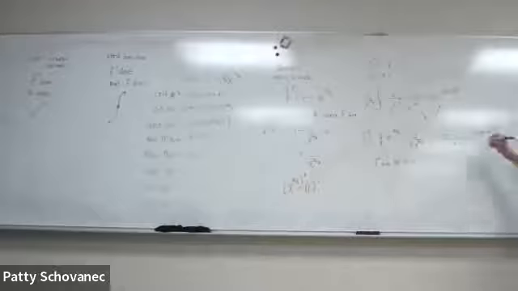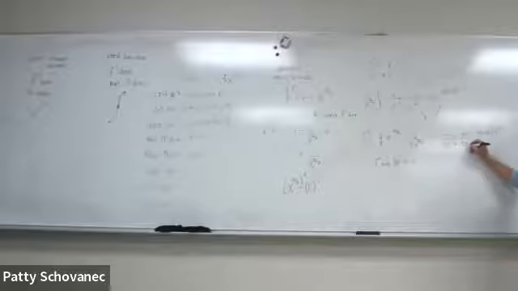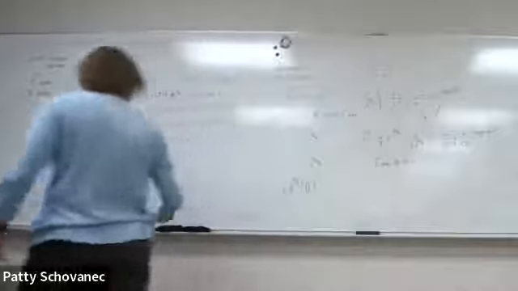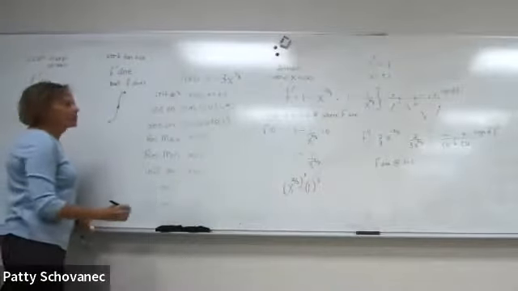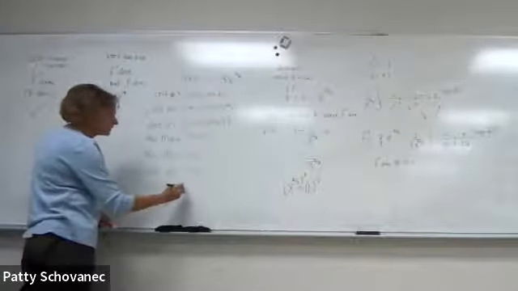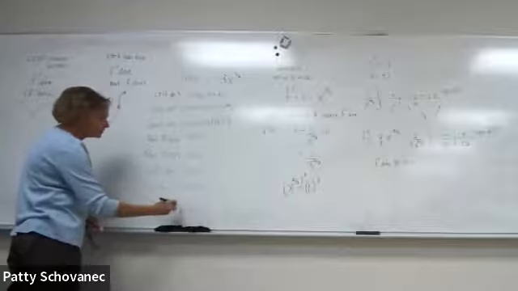At +1, everything stays positive, right? So I got a graph that's concave down and then concave up. So I got the inflection point, x is 0 because it changed concavity. Concave up to the right of that. Concave down in between.